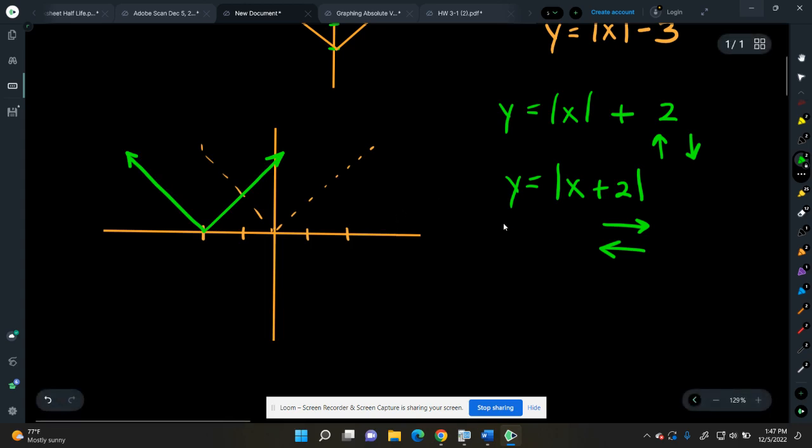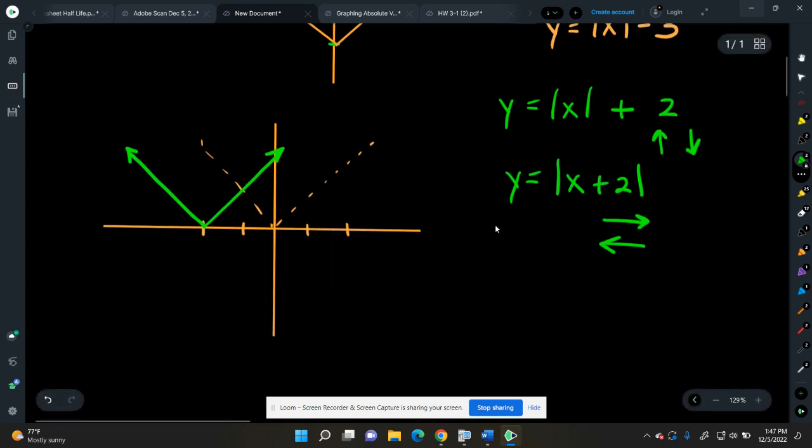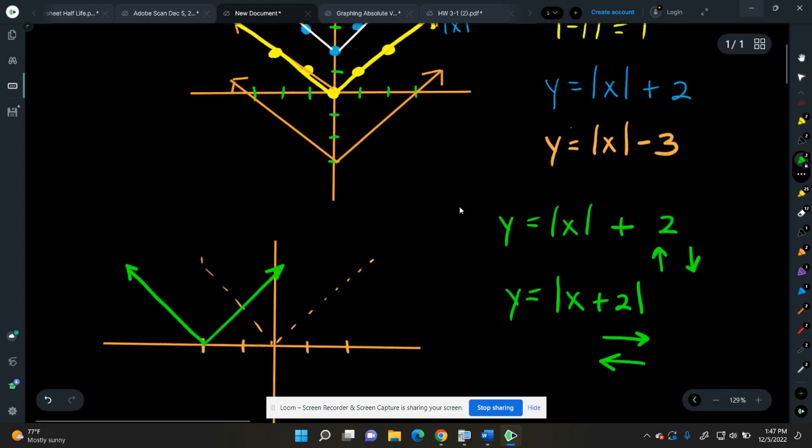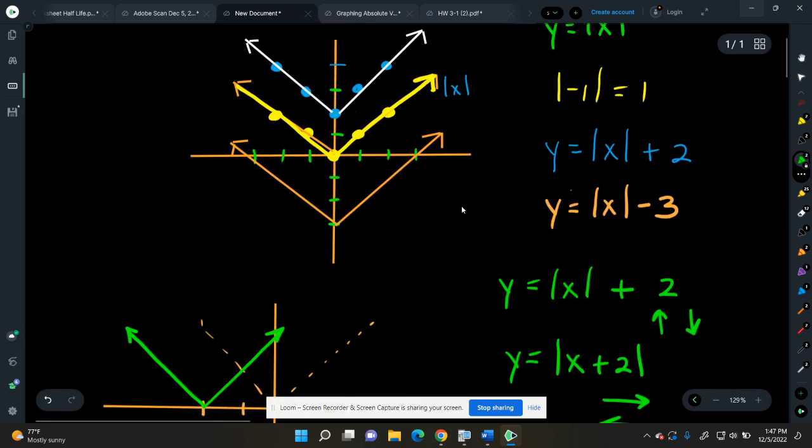Now, I'm just asking you to sketch the graphs. We're not being really tricky here, and I'm not being real particular. However, when you graph them, if you notice back here when I did the first one, these lines have a slope of 1. Up 1 over 1, right? And these lines on the left have a slope of -1.